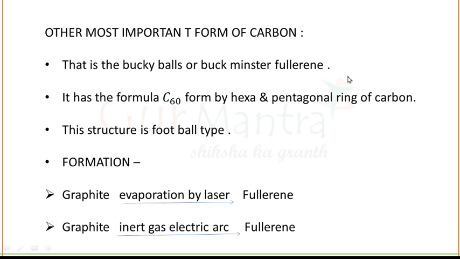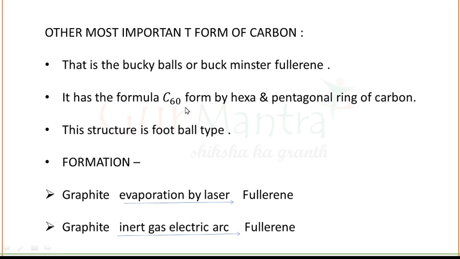Another most important form of carbon is Buckminster fullerene, also known as buckyball. It has the formula C60, formed by hexagonal and pentagonal rings of carbon. Buckminster fullerene is a type of fullerene with the formula C60.